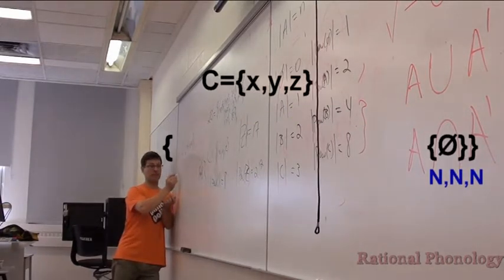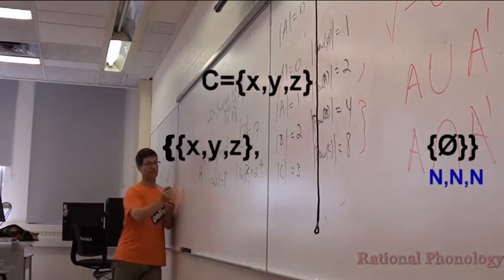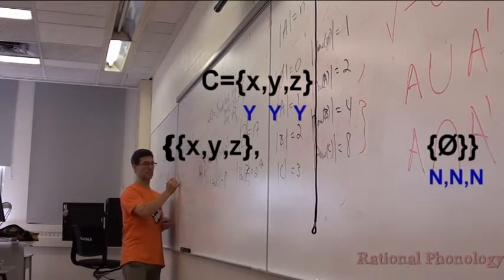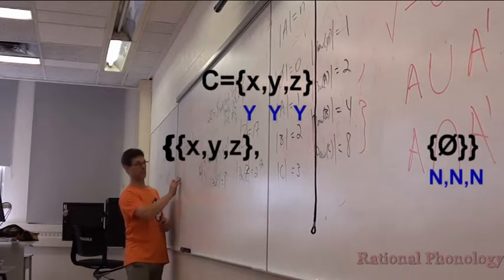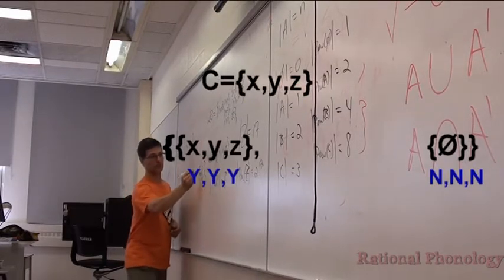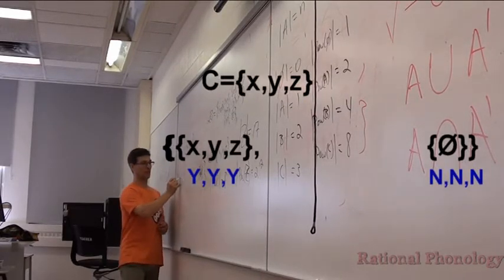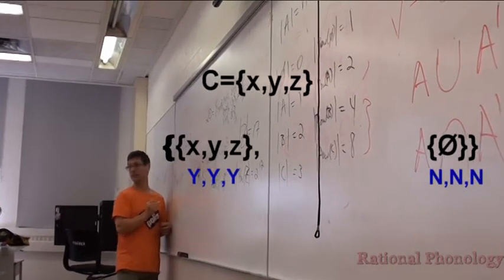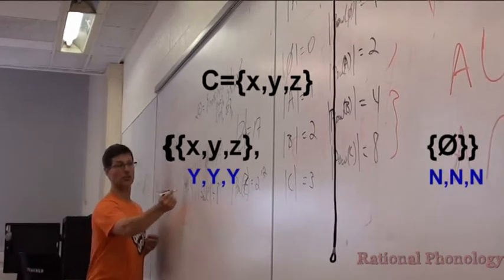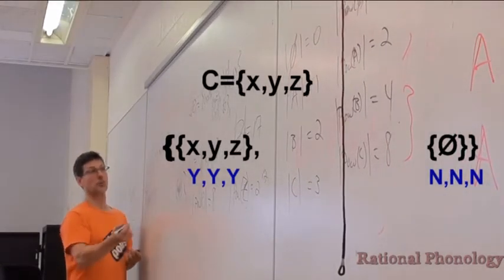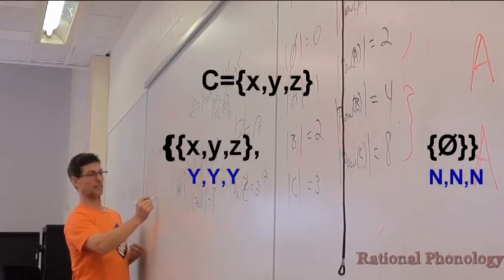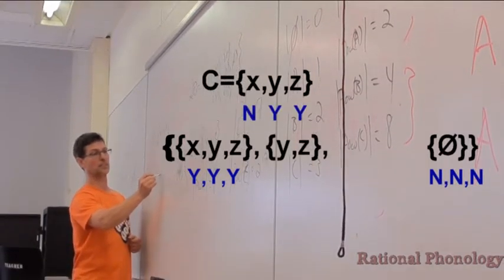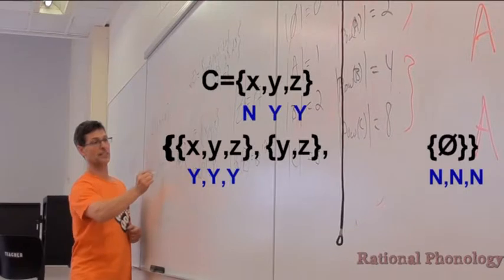C itself, right? So it's x, y, z, but I can think of it as, yep, x is in here, yep, y is in here, yep, z is in here. So yes, yes, yes, all the way down to no, no, no. So let's start with some of the others. I could get, okay, is x in here? No. Y, yes. Z, yes.